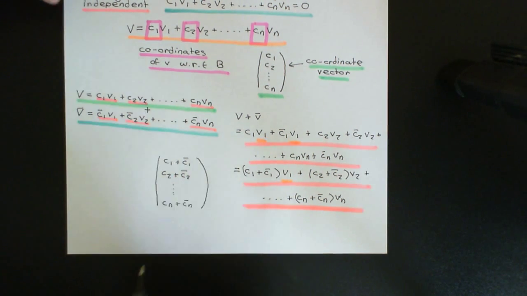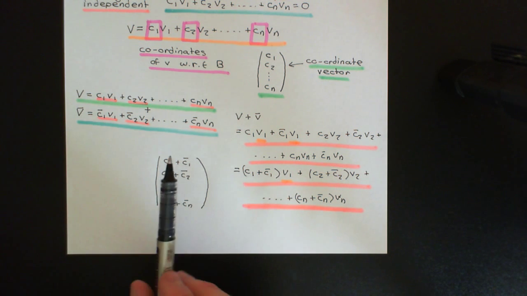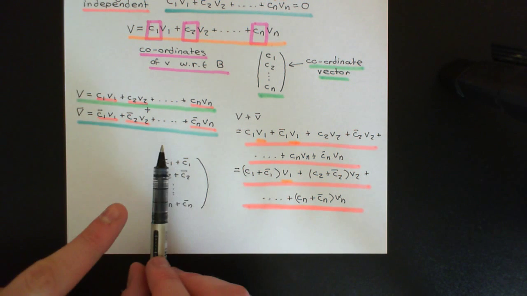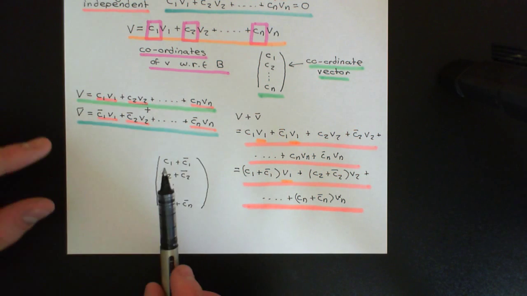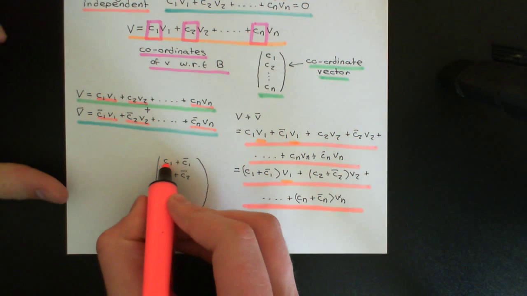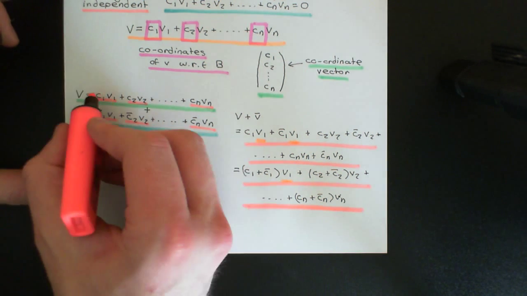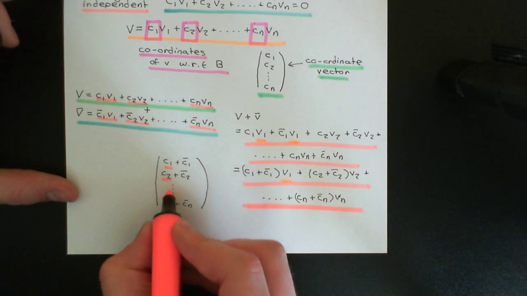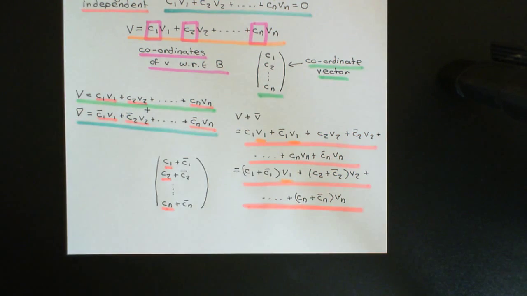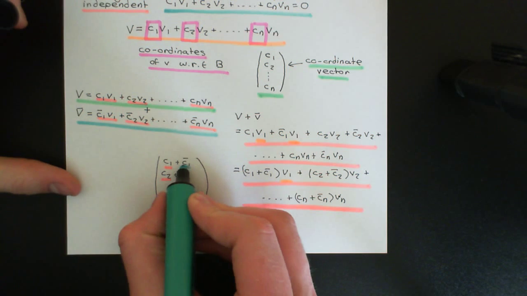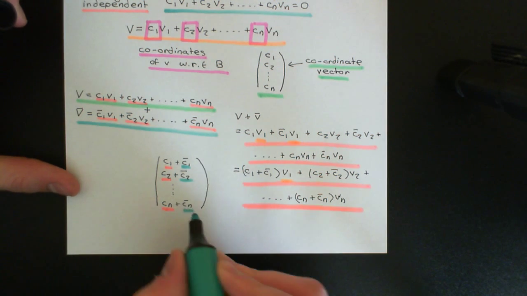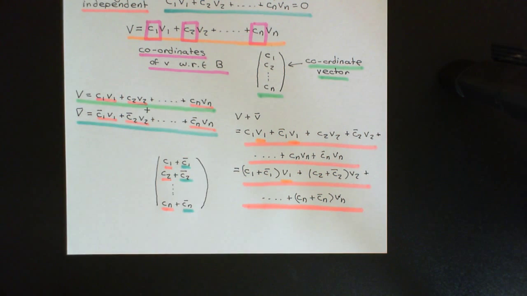Hopefully you appreciate how beautiful this is now, that if we have a basis, we can write all of the vectors in terms of coordinate vectors with respect to that basis, and then the way we add vectors together is we just add the coordinates like so, because the coordinate vector of this first vector v is just c1, c2 all the way down to cn, and the coordinate vector of our second vector v bar is just c1 bar, c2 bar all the way down to cn bar. So I've just literally added their coordinates together.